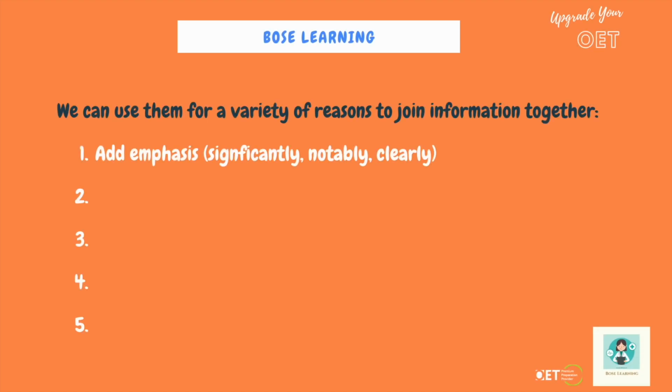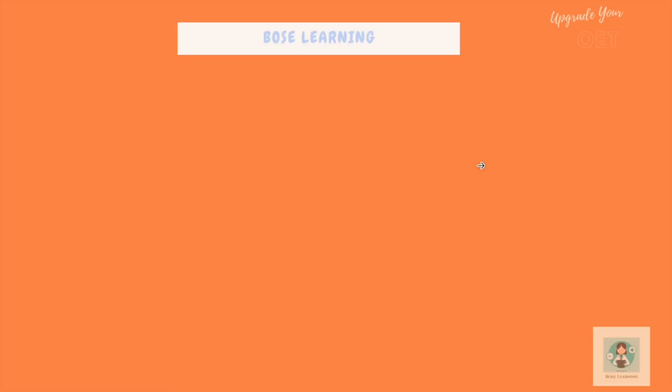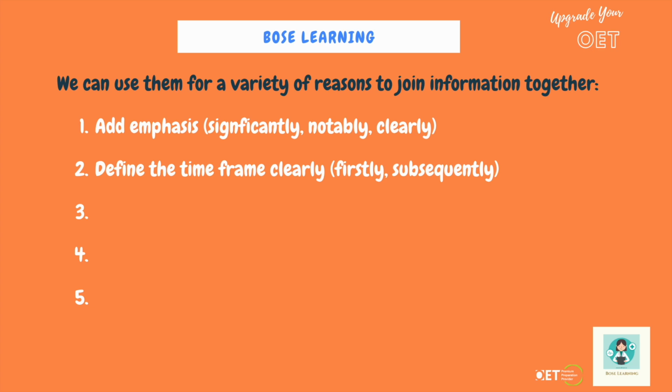So we can use them to add emphasis to what you're saying: significantly, notably, clearly. Those are some examples here. We can use them to define the time frame. So firstly, secondly, subsequently, finally.